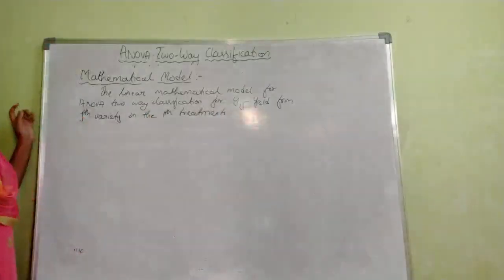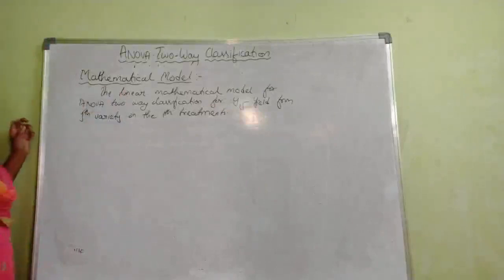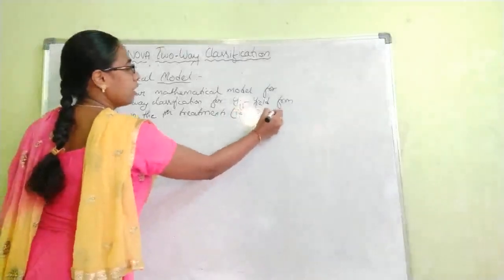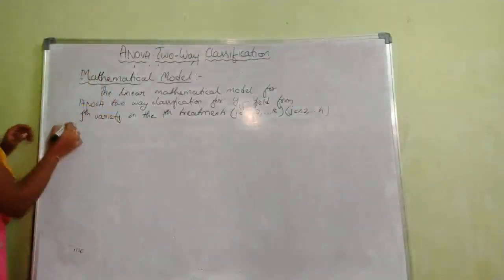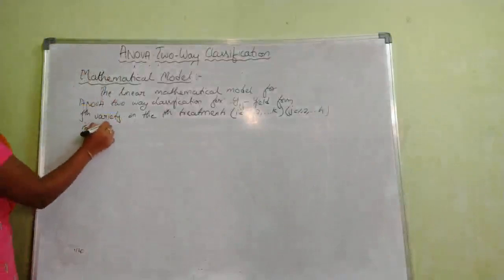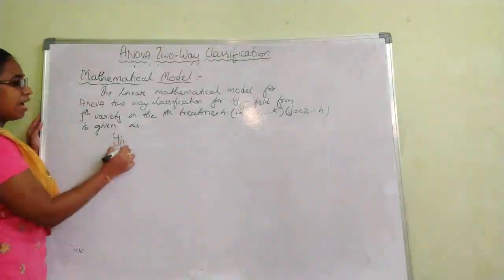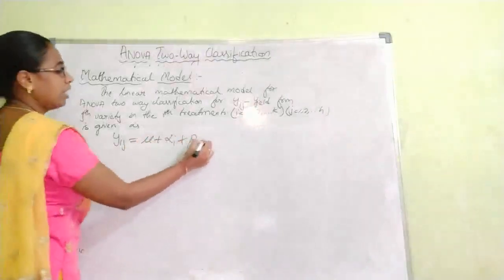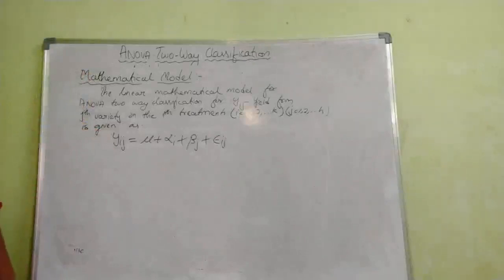So from the jth variety, the effect of the ith treatment is Yij, where i equals 1 to K and j equals 1 to H. The linear mathematical model is given as Yij equals mu plus alpha i plus beta j plus epsilon ij. So this is the linear mathematical model for the ANOVA two-way classification.